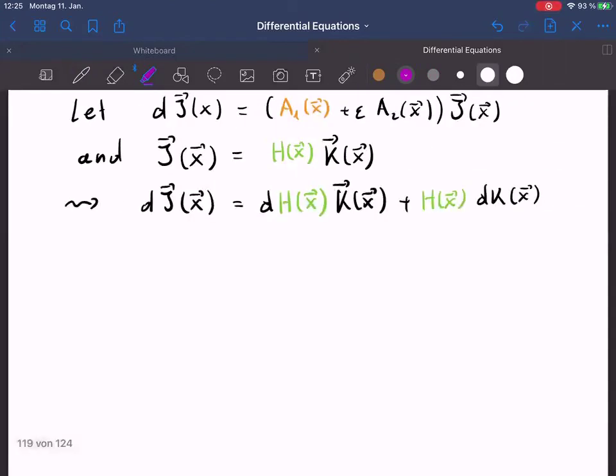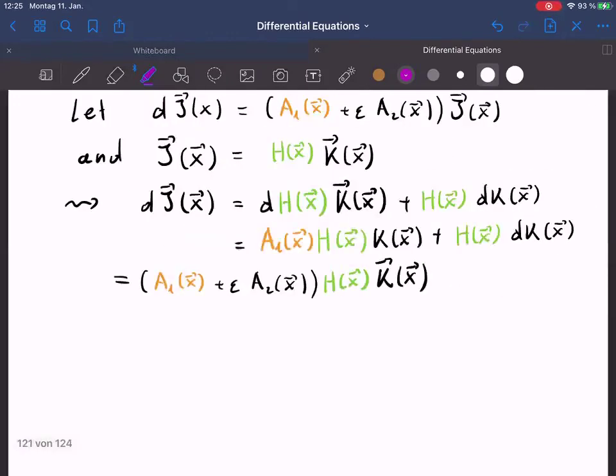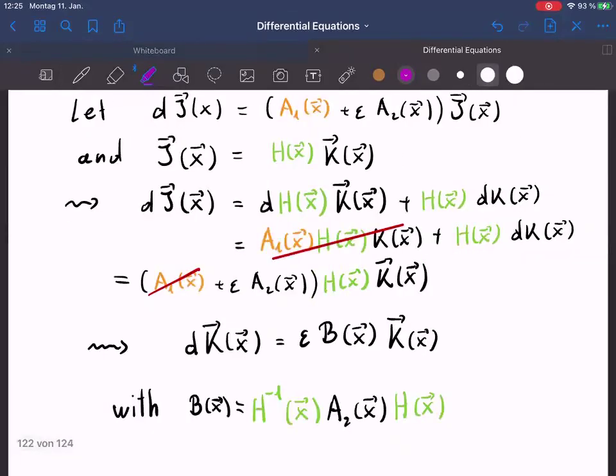So if I do that, I can work out what happens. I compute the differential of J. I get two terms, dH acting on K and H acting on dK. But dH is A1 times H. And so if you compare it to what we had in the very first line, you see that the A1 term goes away now, and what is left is a new system which is in canonical form.